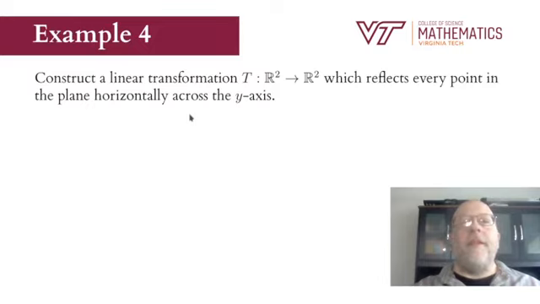So let's reflect every point horizontally across the y-axis. So I want a linear transformation that might take this and reflect it horizontally over here. So we do the standard vectors.